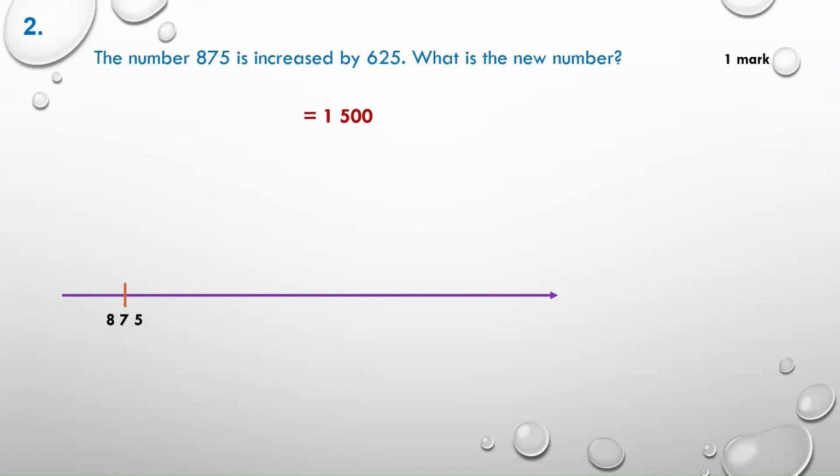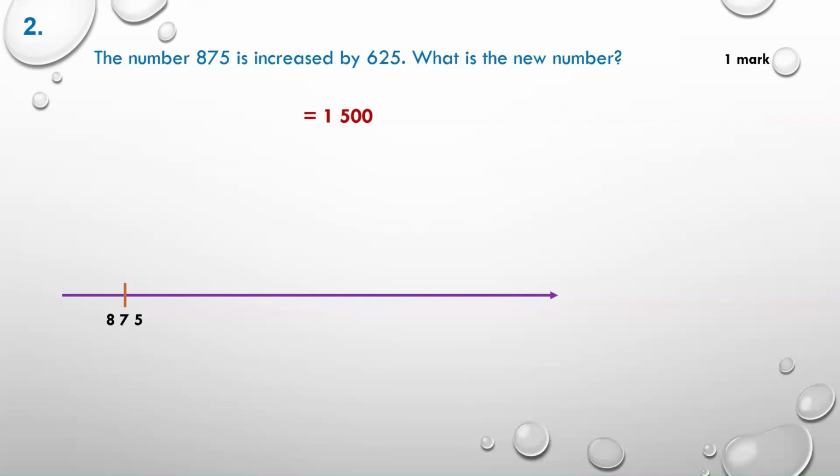And now we're increasing it. So that means we're getting larger, or we're adding. So that means on the number line, we're moving to the right. Now we can increase by either 600 or 20 or 5 or 25, anything you want.